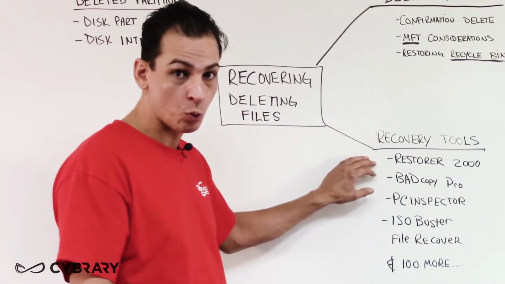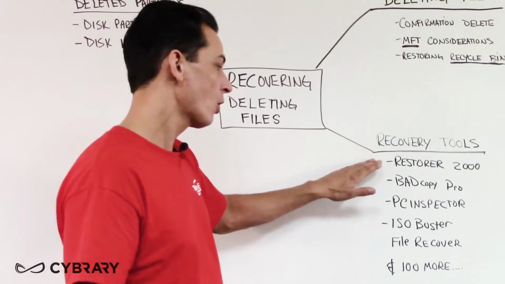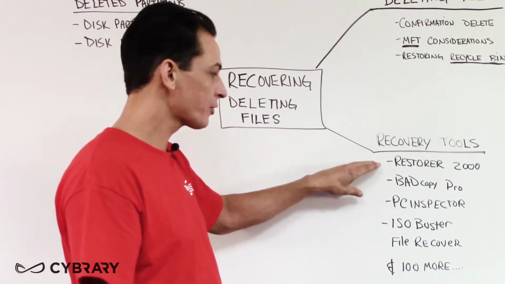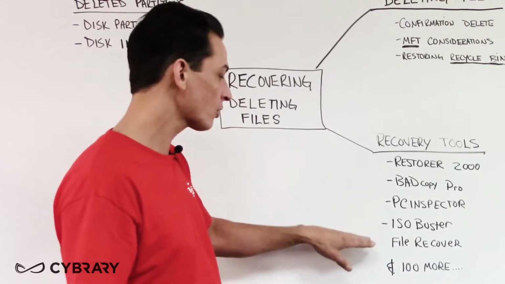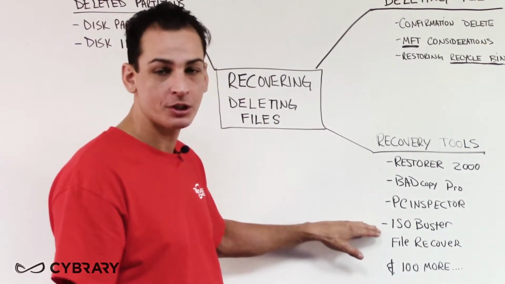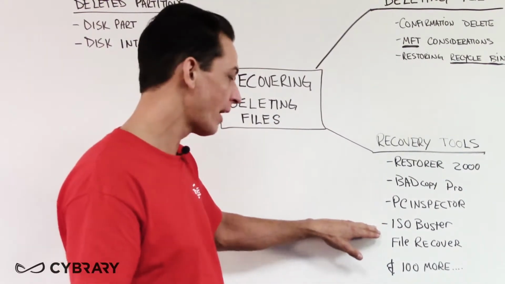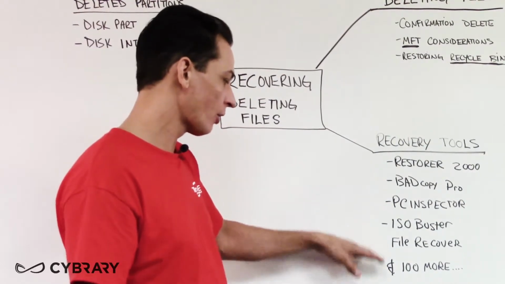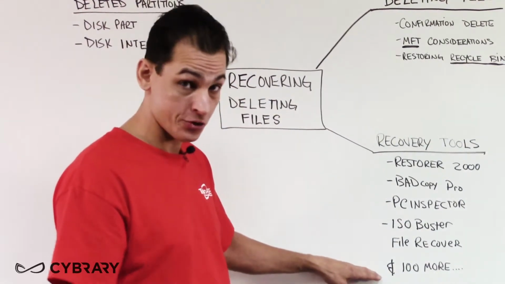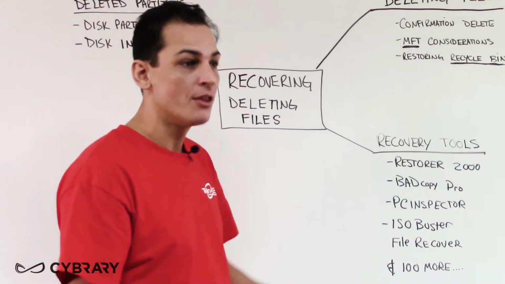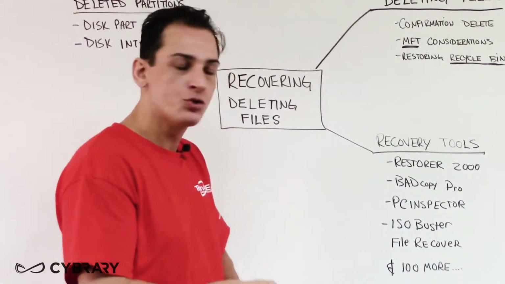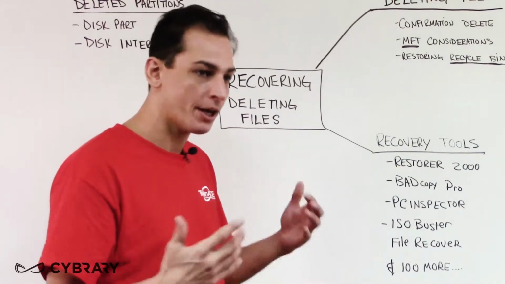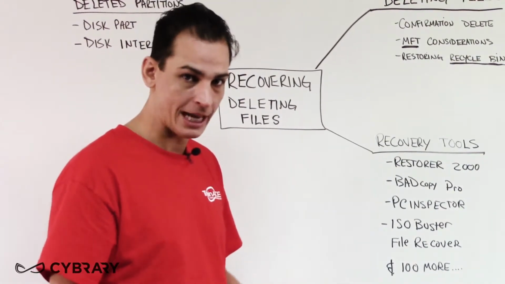The more popular tools that I would recommend starting out with are tools like Restorator 2000 or Bad Copy Pro, PC Inspector, or ISO Buster, which is a nice one for looking at ISO files, or File Recoverer, and literally hundreds and hundreds more. These tools will theme out relatively quickly.